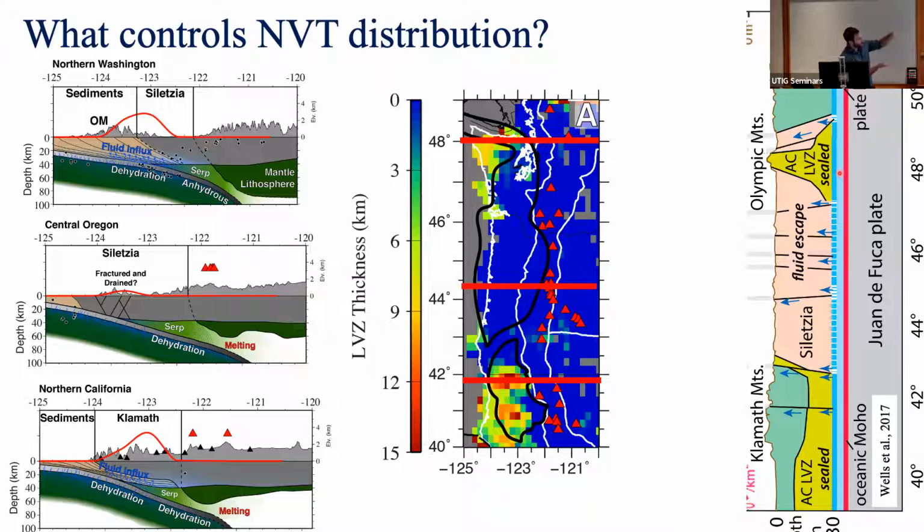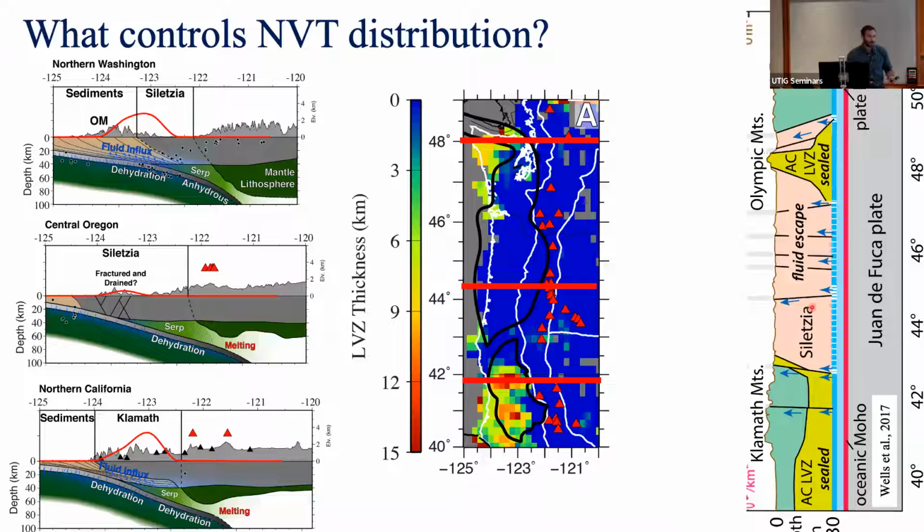This is scaled to this map view, more or less. So we can build up those pore fluid pressures that seem to be necessary to enable this non-volcanic tremor and episodic slow slip in these regions. While in central Cascadia, Siletzia extends all the way to the plate boundary.